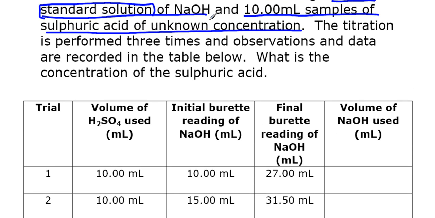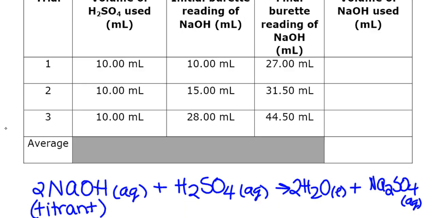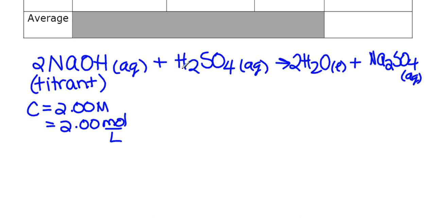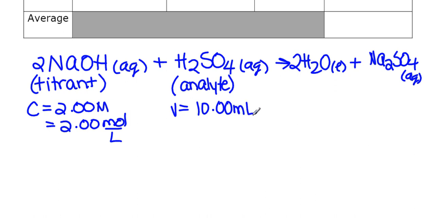In the question, it says this was unknown concentration, but every time the experiment was done, we have 10 milliliters for the volume. Since this is our unknown, this is our analyte. This is what would go in your flask. Every time we do this experiment, the same volume is used, so we can note that down here, 10 milliliters.